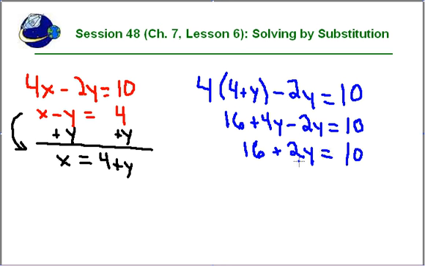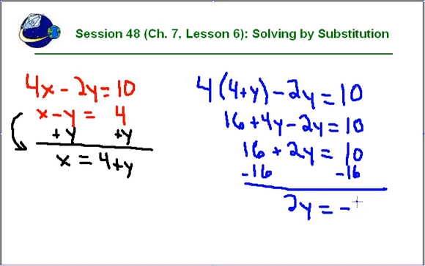we have 10. Next, our y term is being added with a 16. So in order to undo that, we need to subtract 16 from both sides. 16 plus 2y minus 16, the 16's cancel. We're left with 2y on the left, and then on the right, 10 minus 16 is minus 6.